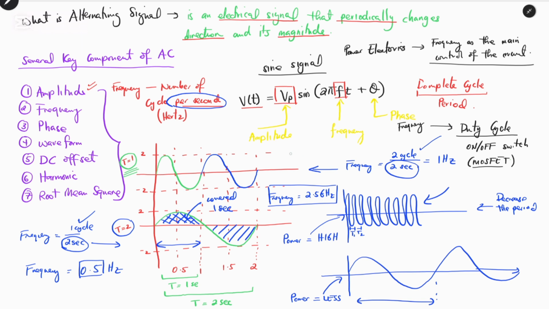That means when we have a switch and the switch is on, we will have 1 as the output. When the switch is off, we will have 0 at the output. So in order to get such a frequency, we normally open and close the switch.